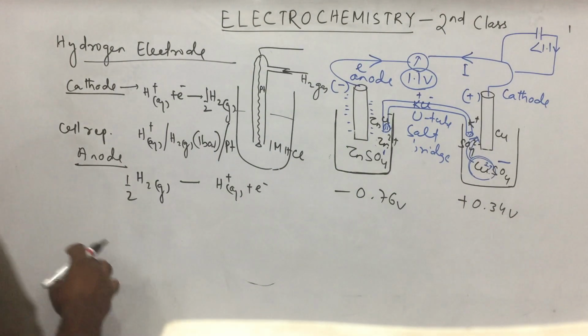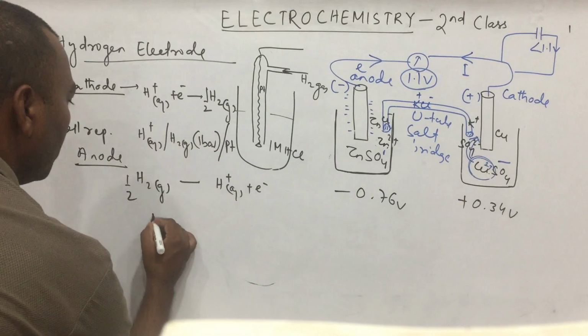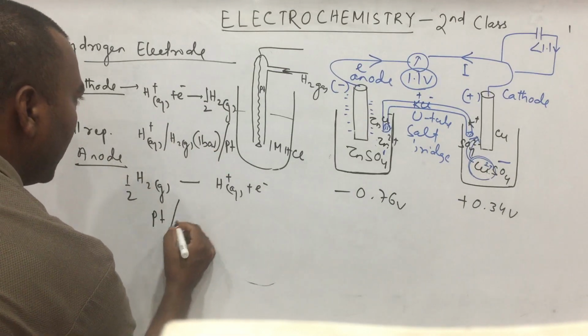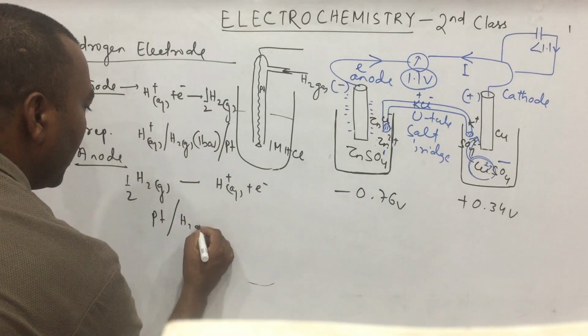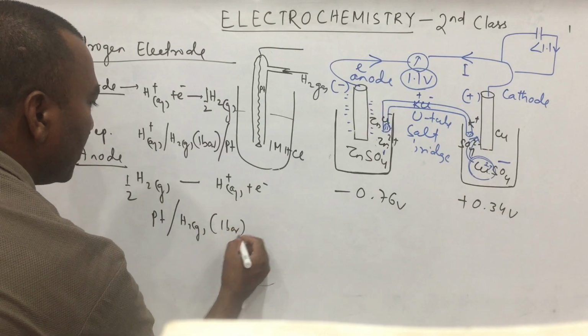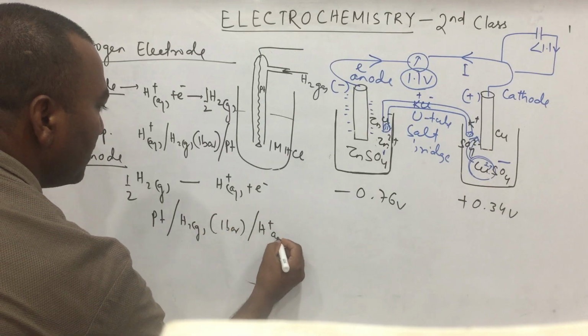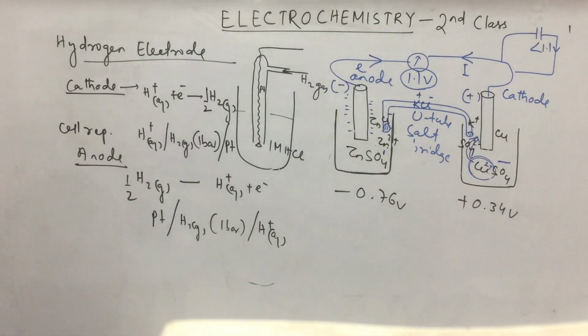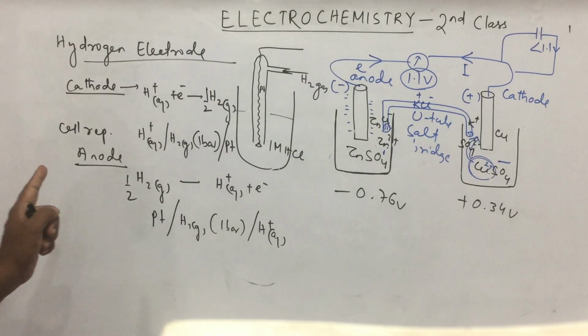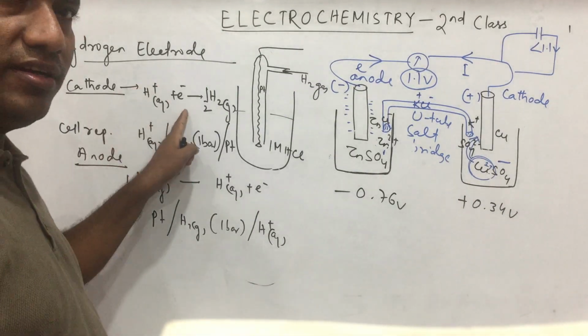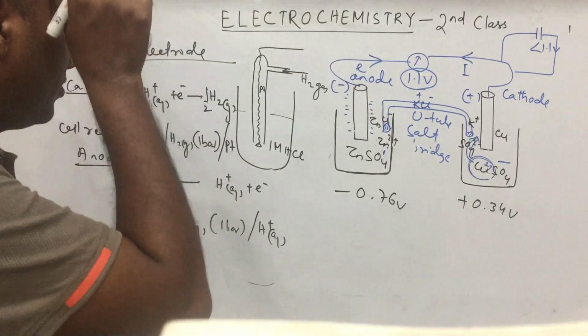Similarly, when it is used as anode, just reverse: platinum slash hydrogen gas bracket 1 bar pressure slash H plus aqueous. Clear now? So hydrogen electrode is used as cathode and it can also be used as anode.